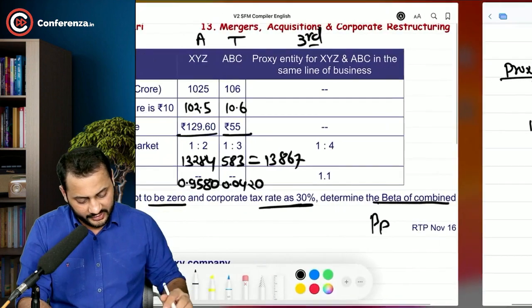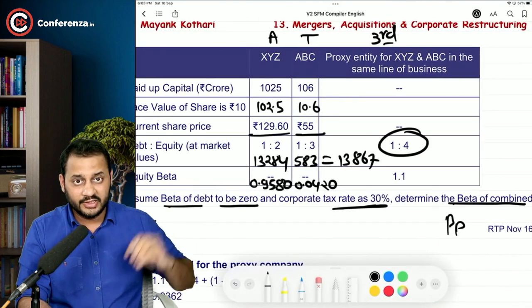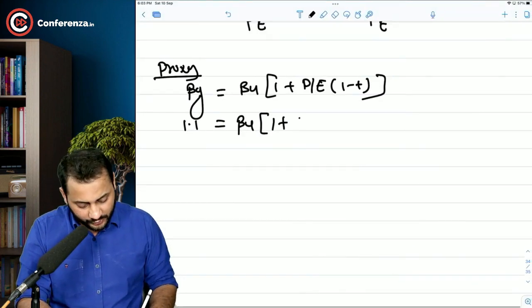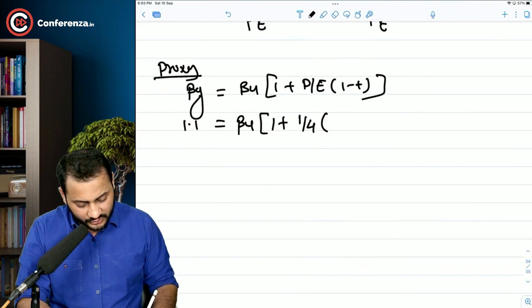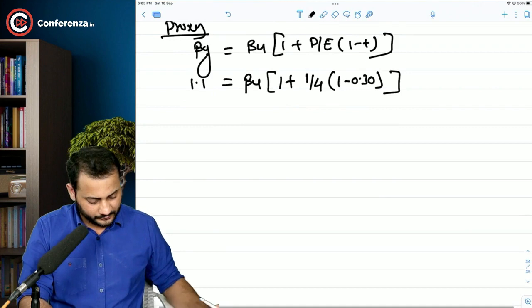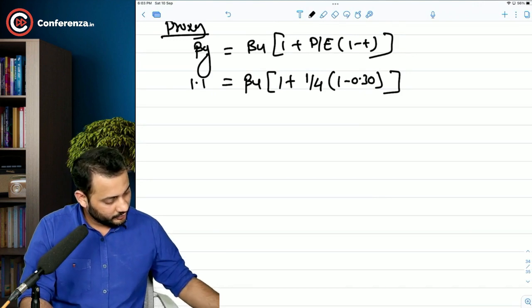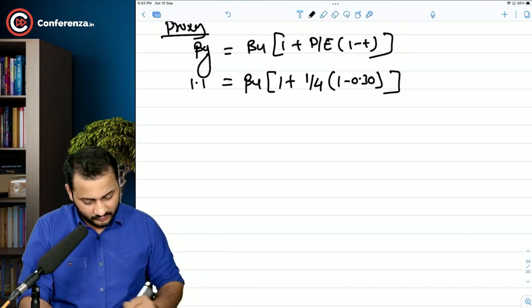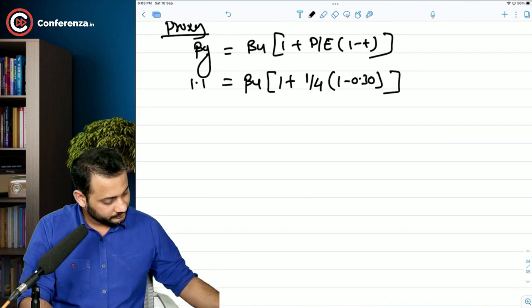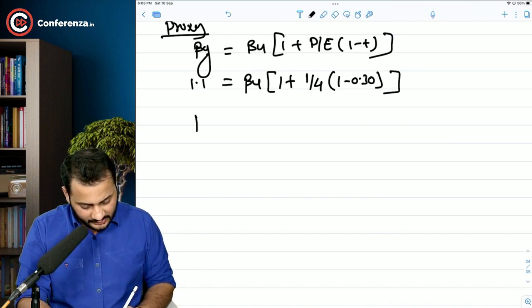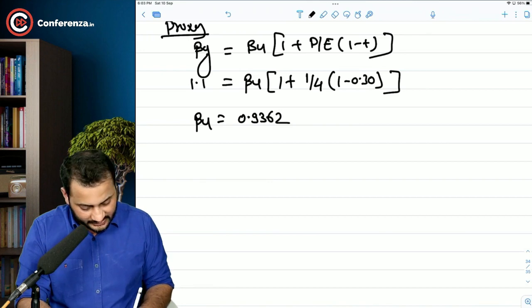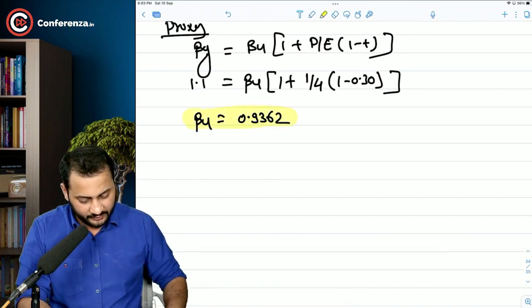What is the debt equity ratio of the geared company? It's 1:4. We are going to remove this 1:4 impact from 1.1. So 1.1 divided by (1 by 4 into 0.70 plus 1), that is 1.175. So the ungeared beta is equal to 0.9362.